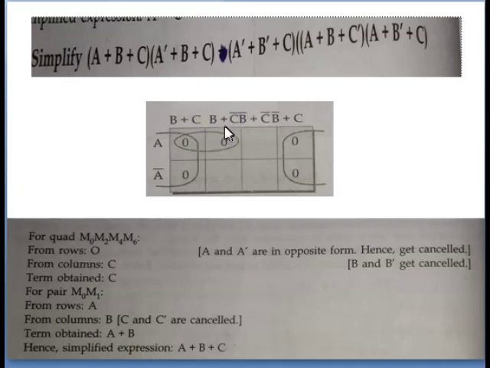We will get the variable B. So from the pair we got A plus B. Therefore the simplified expression: the quad gives C and the pair gives A plus B. If you write C plus A plus B, then also it is okay. If you write in order, first write the pair term obtained, A plus B, then the quad term obtained, plus C. So this is the simplified expression.